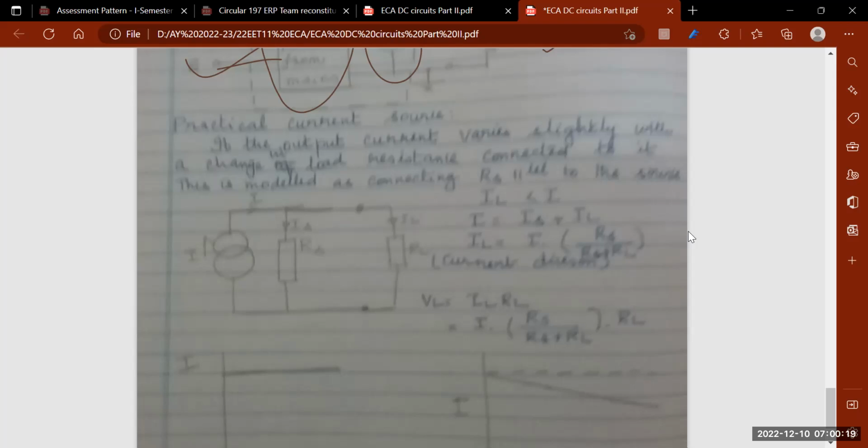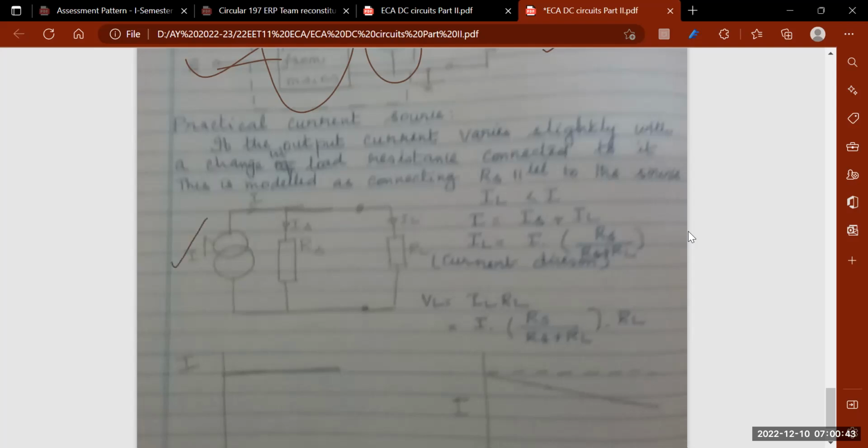And if there is any leakage in the pipe, there is going to be leaked water, and that will be known as the internal resistance. So this internal resistance will be connected in parallel to the current source, right? For a voltage source it is connected in series, but for a current source it is connected in parallel.